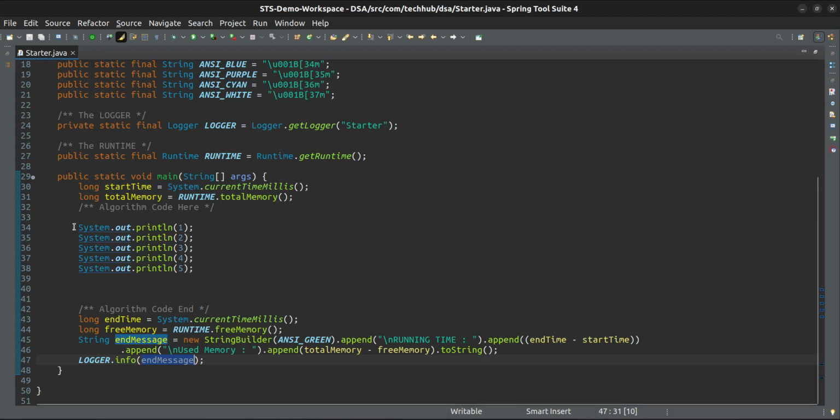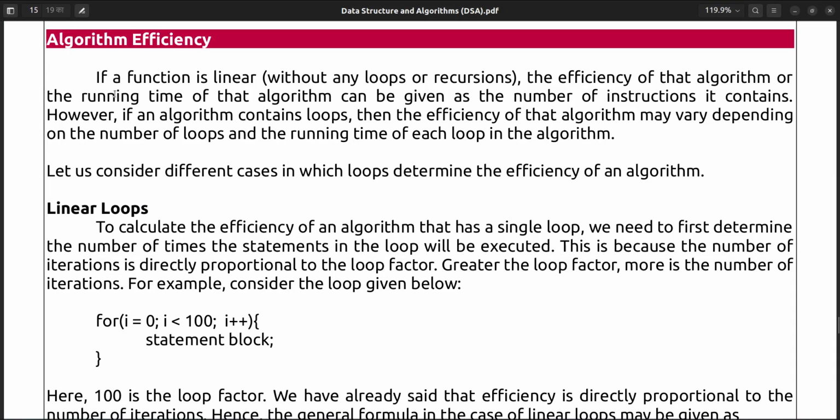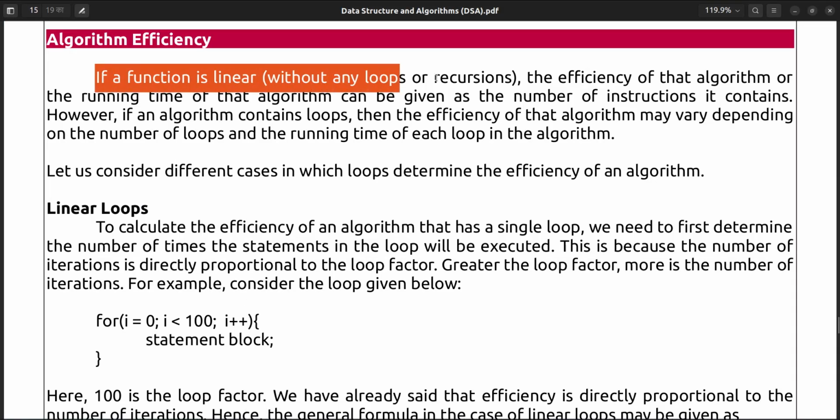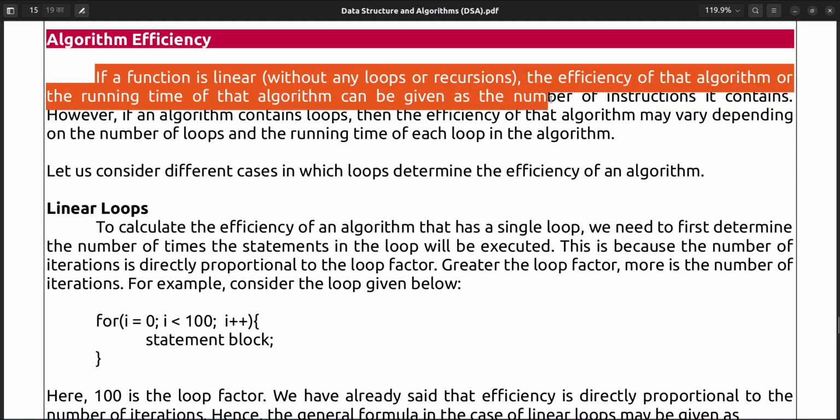So here this 5 is the algorithm efficiency, because only 5 statements are there. So if a function is linear without any loop or recursion, the efficiency of the algorithm or the running time of the algorithm can be given as the number of instructions it contains.